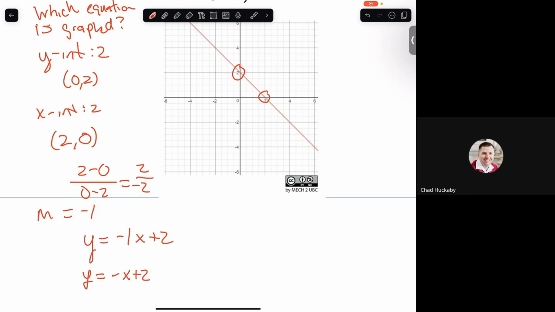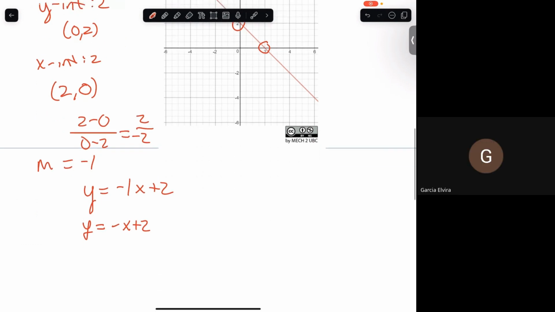Does it make sense how I found that? So will it always be in that form, y equals mx plus b? You'll be asked to give the format that is desired. There are 3 different formats that we've talked about.